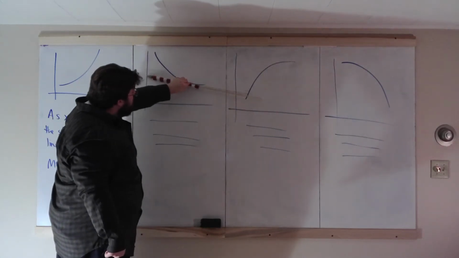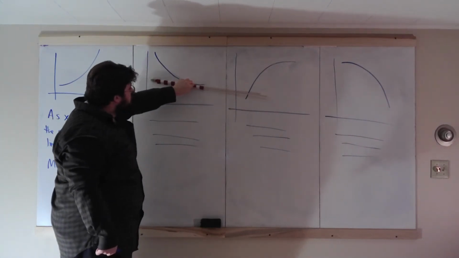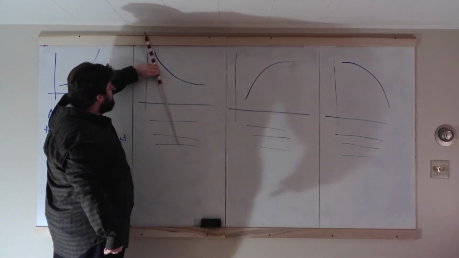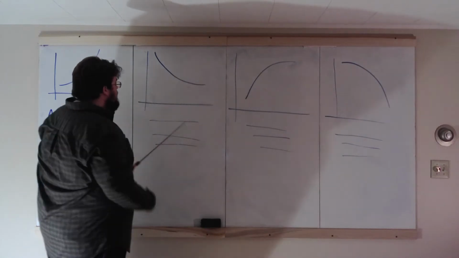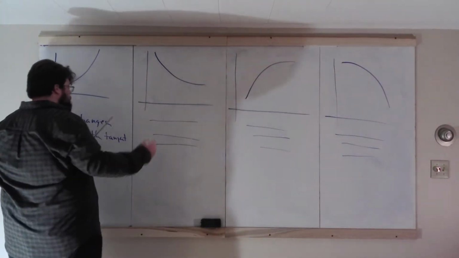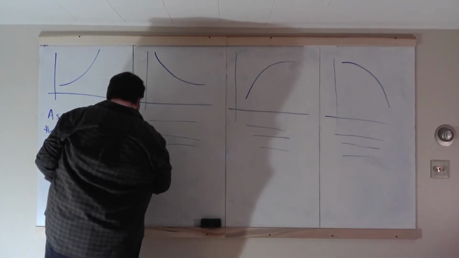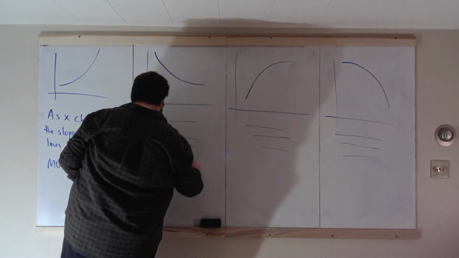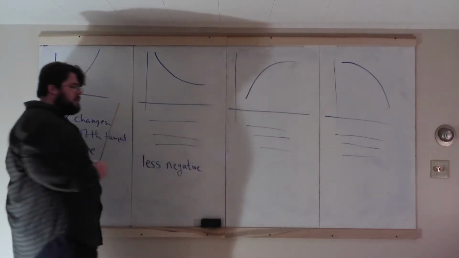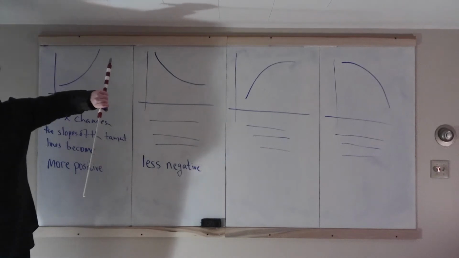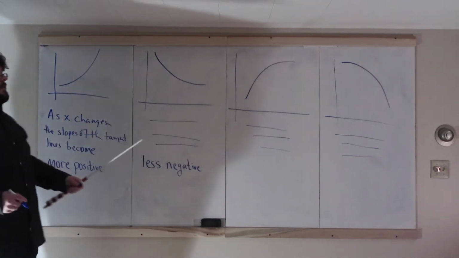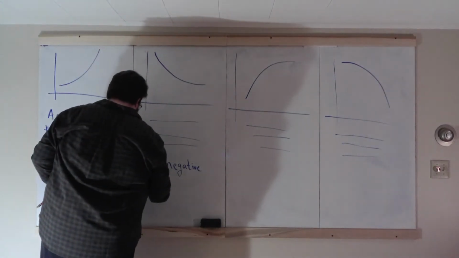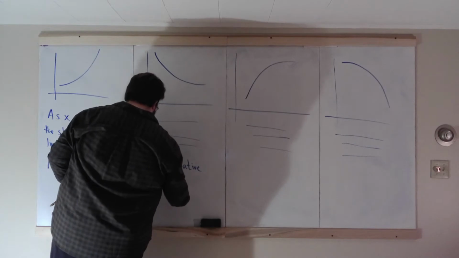But as it goes on this curve, the slope, like here maybe, is like a negative 1 or a negative 0.5. So it starts as a large negative and becomes a smaller negative. So the slopes of the tangent line become less negative. Starts at like a negative 7 and goes to like a negative 1. Less negative, another way of saying more positive.